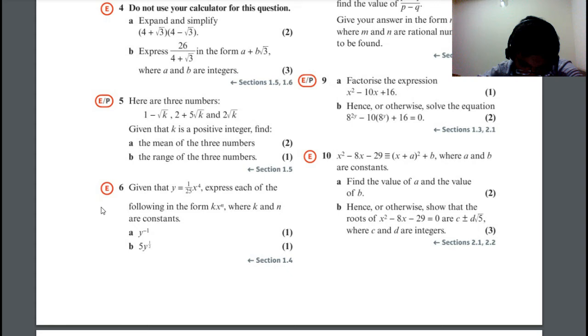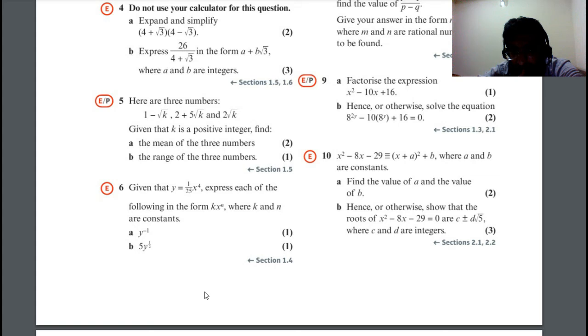Find the value of a and value of b. I'm gonna do all this by my mental maths. x minus 4 whole squared. 4 squared is 16, minus 16, minus 29, 16 plus 29 is 45.